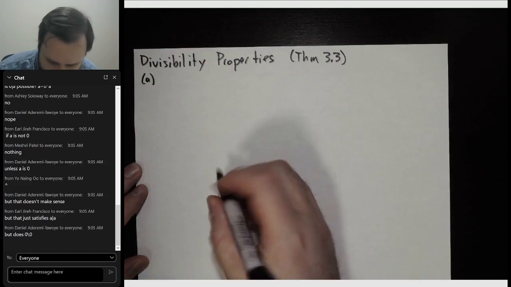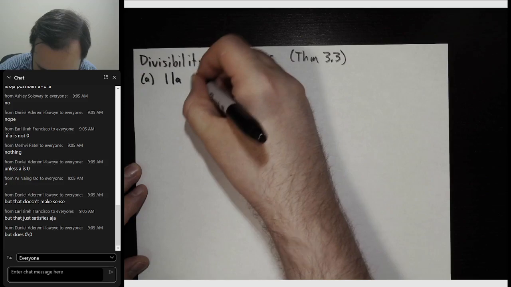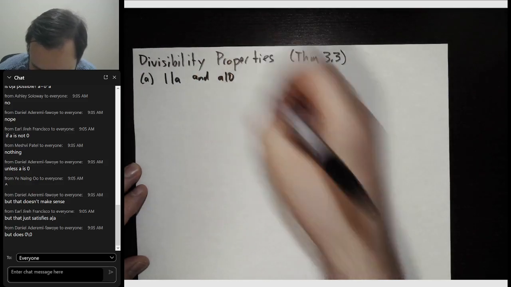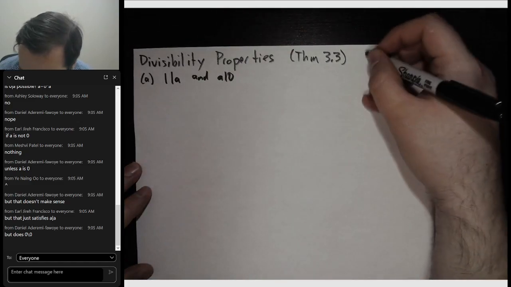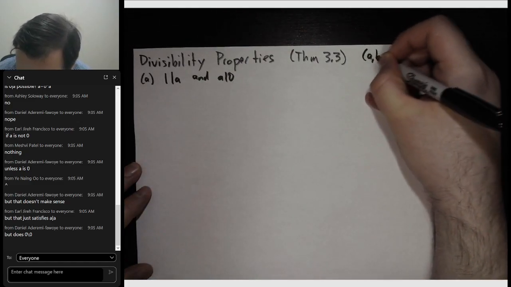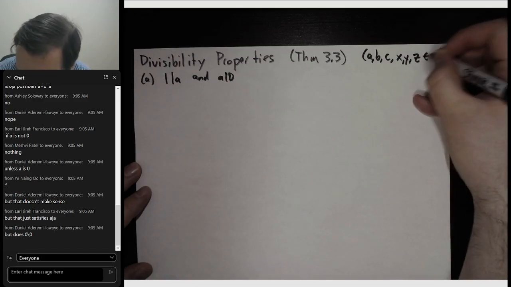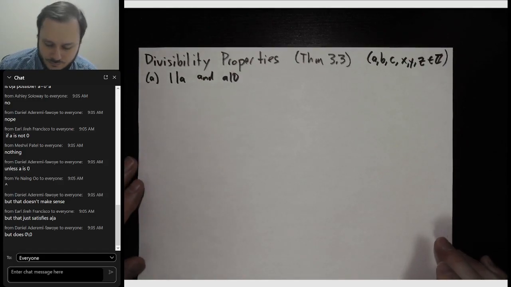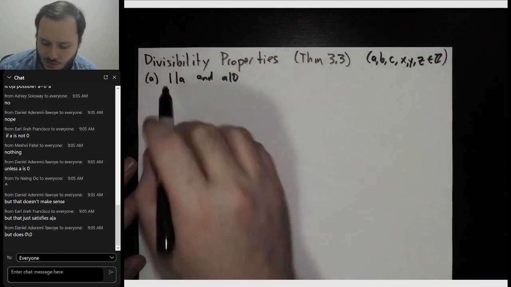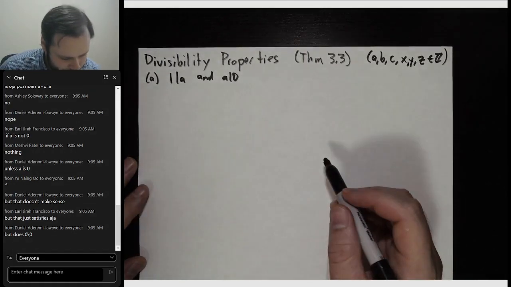So a, 1 divides a, and a divides 0. Here, maybe I should say a, b, c, x, y, z are all going to be integers. So 1 divides any integer, and any integer divides 0.